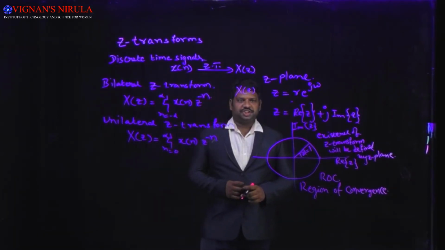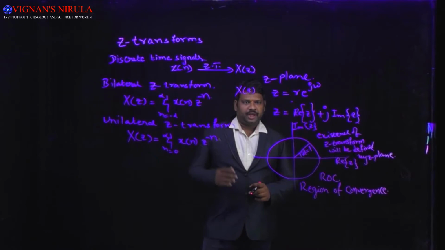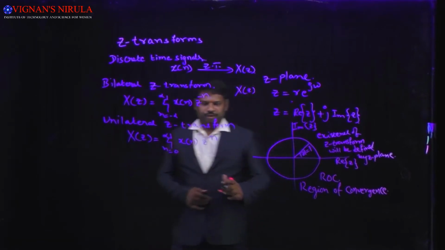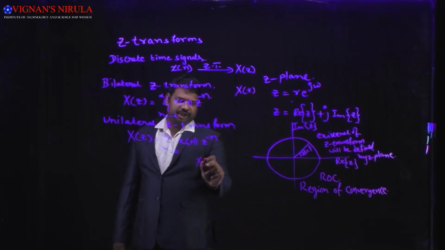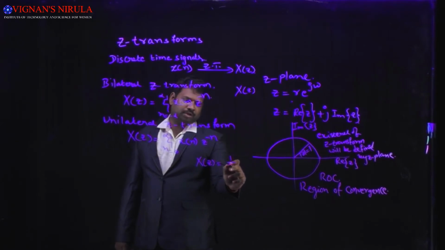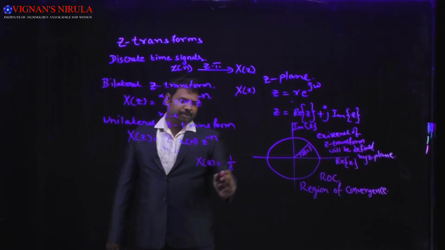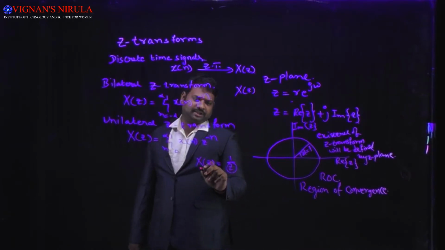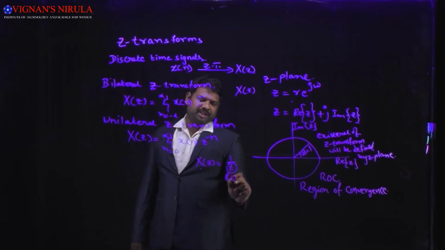Generally, the region of convergence is defined as the values of z where the Z transform is said to exist. If we say that x of z has some Z transform such as 1 by z, there will be certain values of z where this x of z exists. That will be specified by the region of convergence.